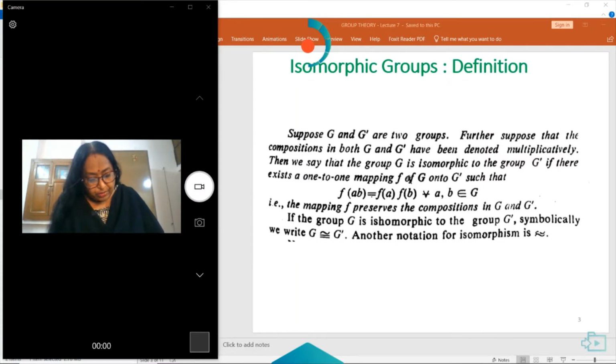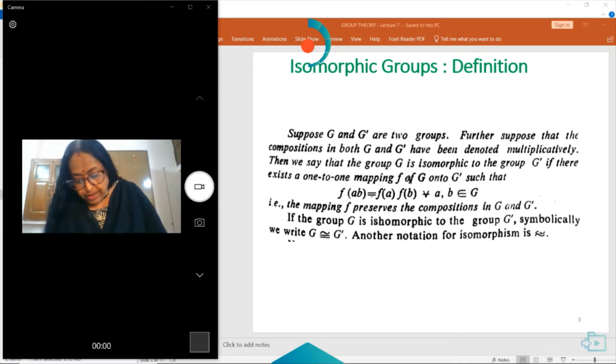of G onto G dash such that F(AB) is equal to F(A) into F(B) for every element A, B belongs to G. That is, the mapping F preserves the composition of G onto G dash.